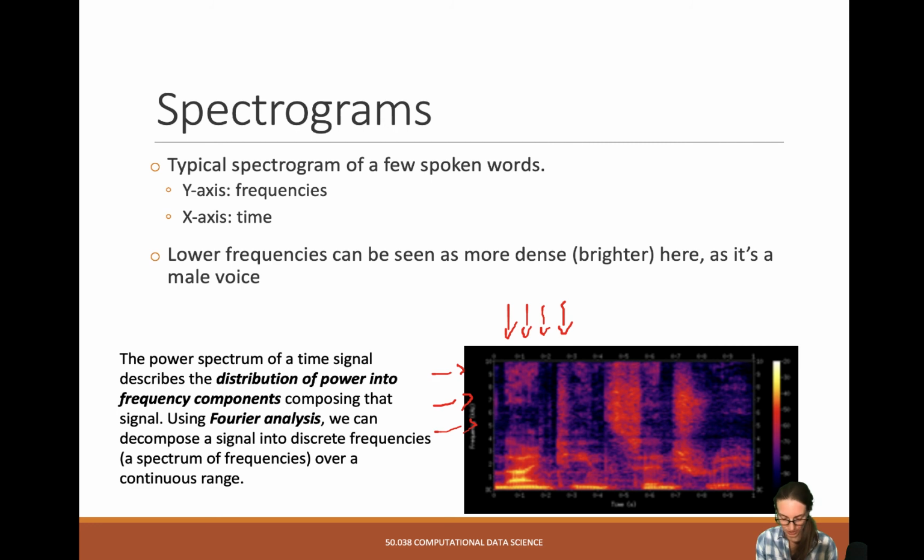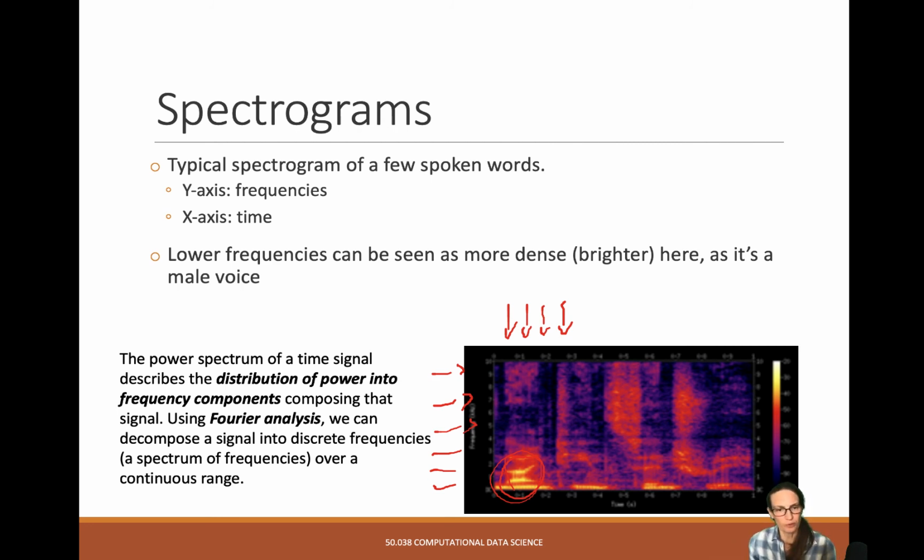So here we know that something with a low frequency is being said. Okay. So to get these spectrograms, usually you have to do some Fourier analysis, and it gives you the distribution of power into the different frequency components on the y-axis.